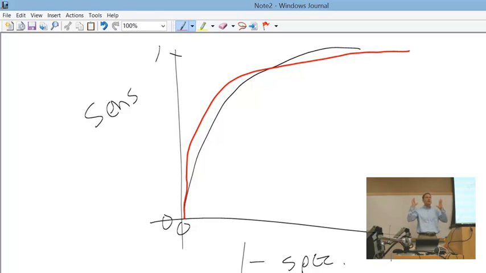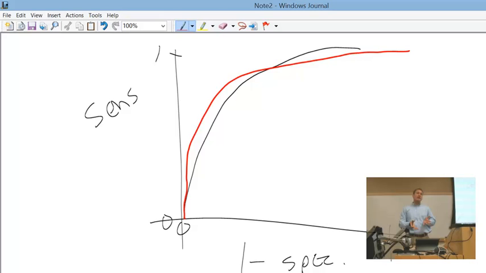Alternatively, if you needed something that has very high sensitivity, or were not as concerned about false positives, you would probably choose the black in this case, because the black is higher than the red for very large sensitivities. So that's how you can make a judgment.